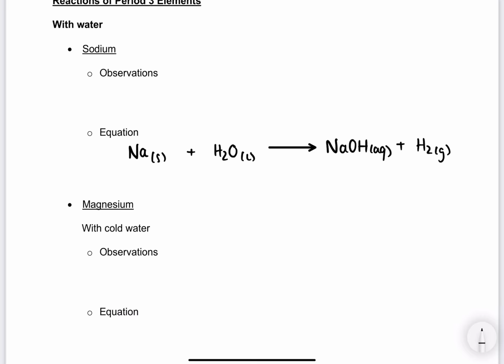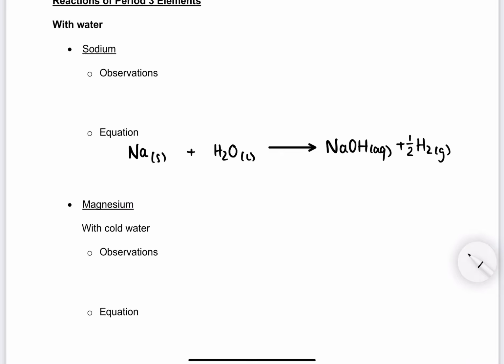So we've got 1 sodium on each side, we've got 1 oxygen on each side, but at the moment we have 3 hydrogens on the right and only 2 on the left. So if I were to half this H2 here, I would have the same amount of hydrogens on each side, 2 on each side.